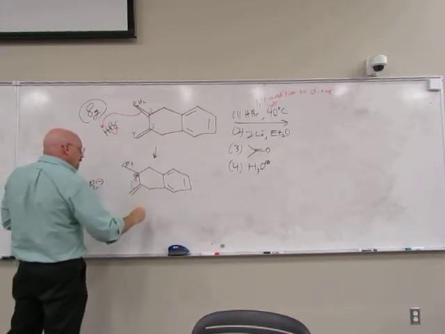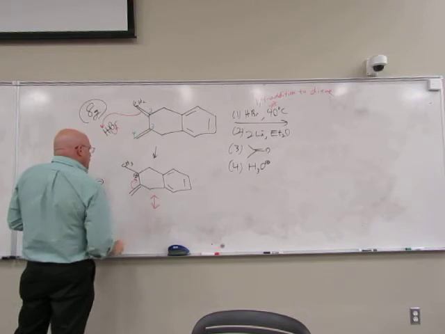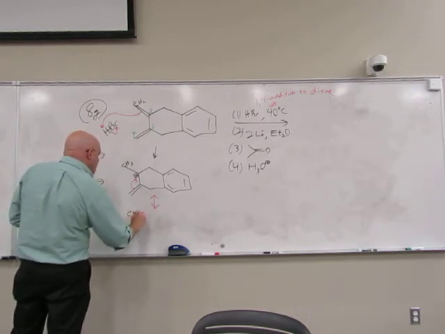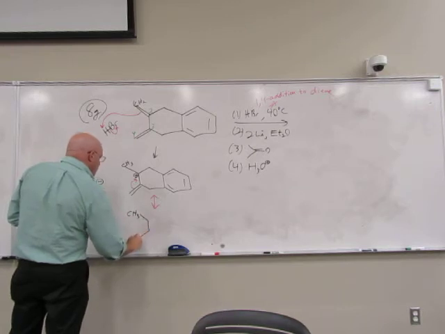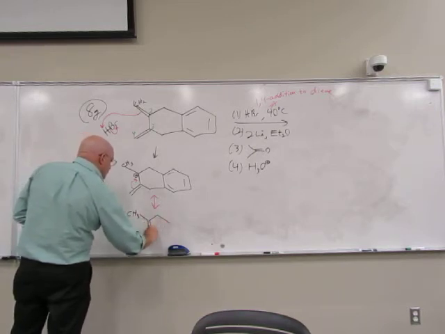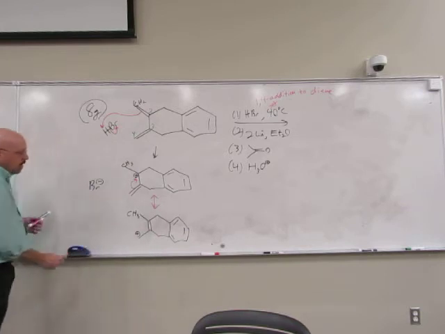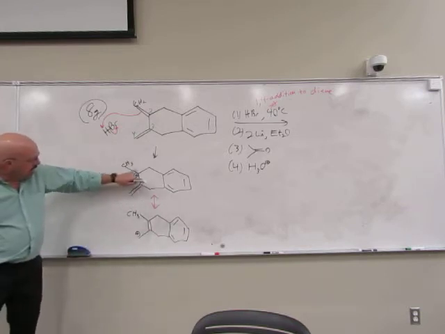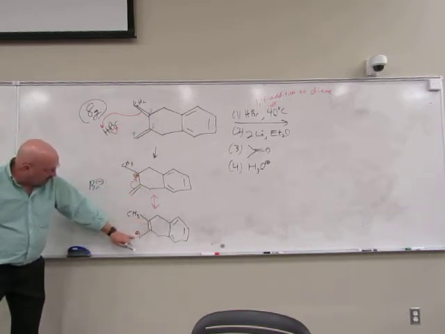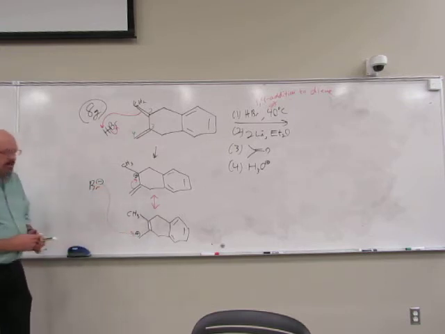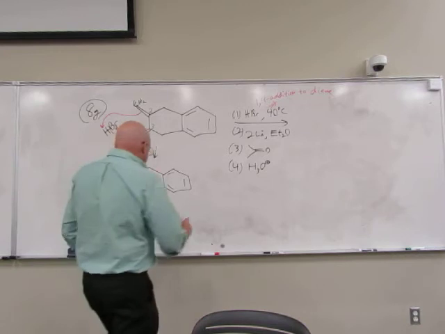At 40 degrees, we do the resonance and then add the bromine. So the electrons kick in, form the double bond there, and that leaves the plus charge there. Now the bromine's going to add. That's our 1,4 addition.